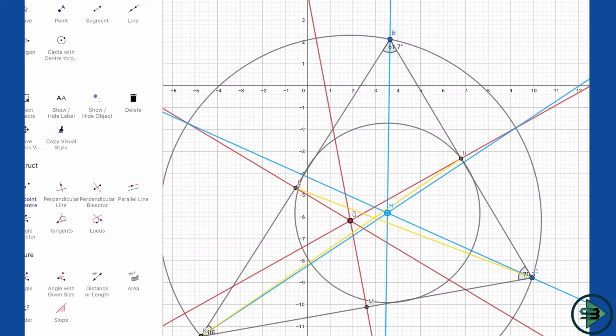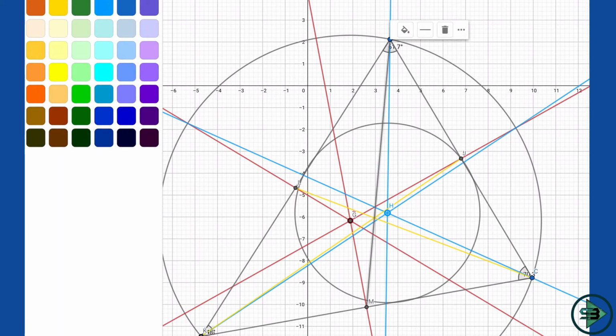The midpoint of this is here. Now I just have to connect this to this. So let's take this segment, and if I color this, this is how it will look. And this is what it will be, yellow again.